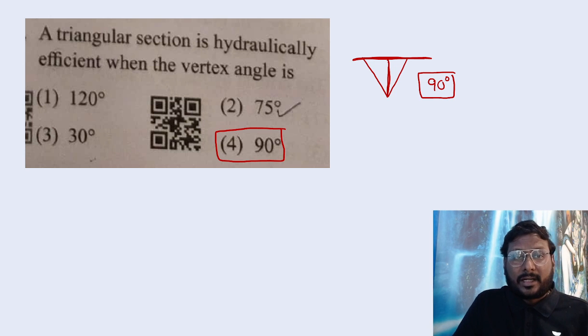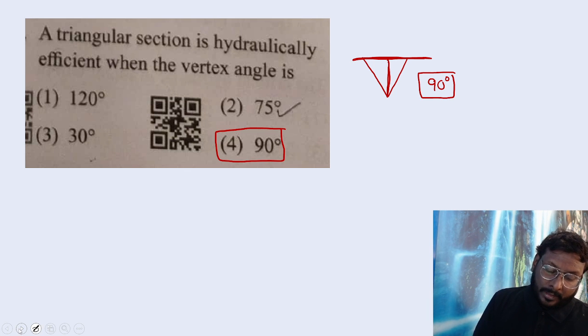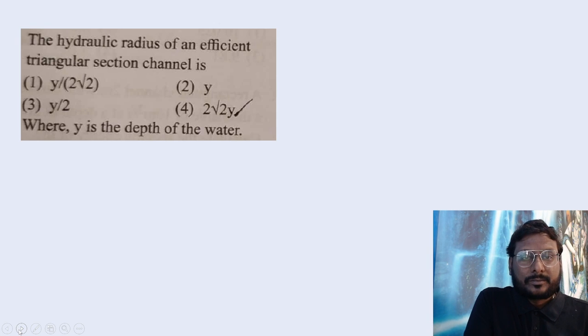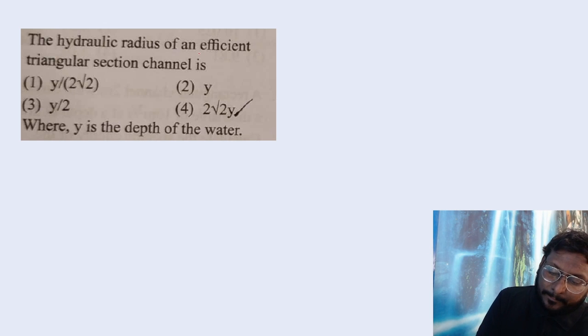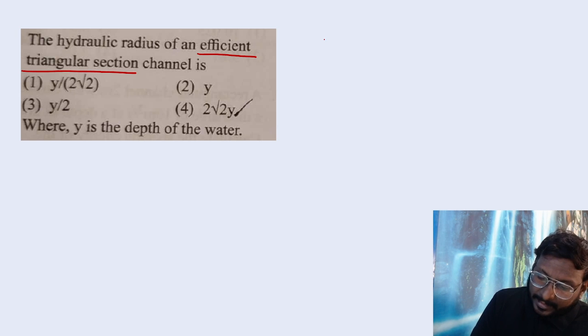Triangular section hydraulically efficient, vertex angle 90 degrees, we have discussed very clearly. Apex angle 45. The hydraulic radius of an efficient triangular section: again, vertex angle is 90 degrees, apex angle 45, m is equal to 1.